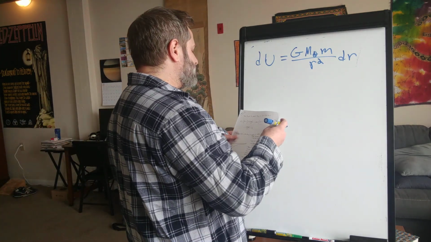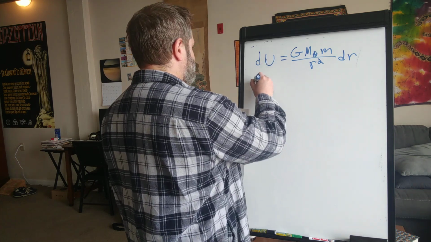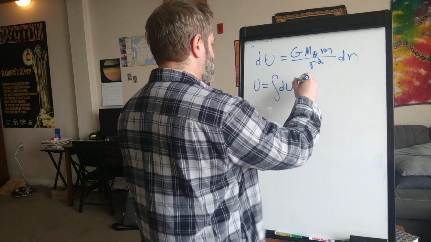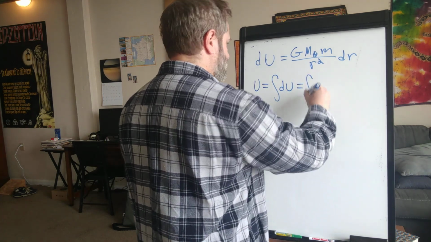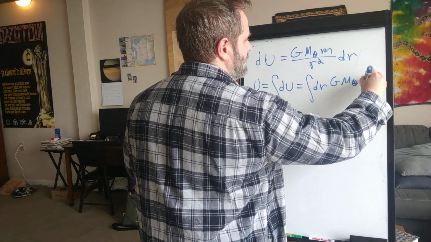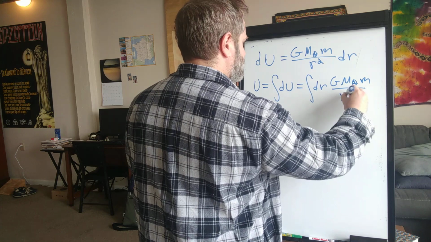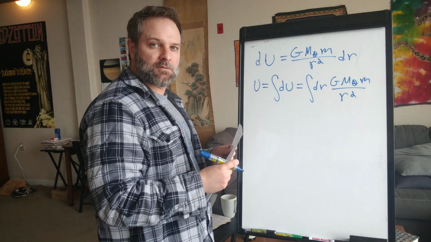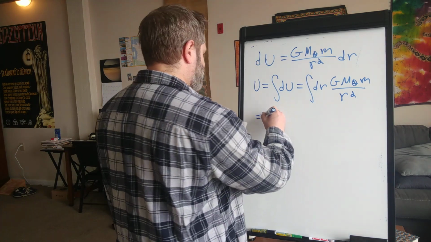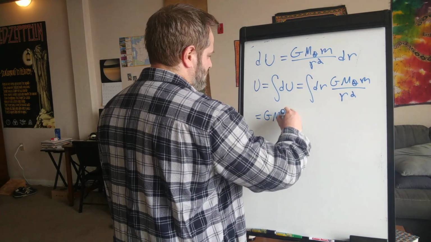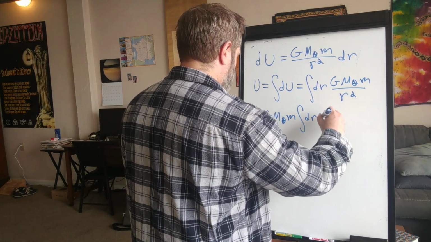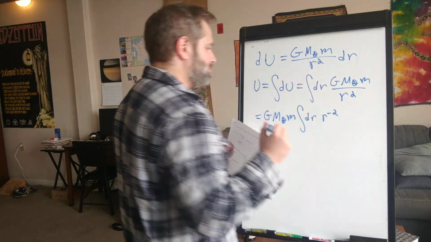So now, in order to get the potential energy, we just integrate this equation. So integral du equals integral dr GM over r squared. Okay? Which, just rewriting this in a simpler form, GMm integral dr r to the negative 2.